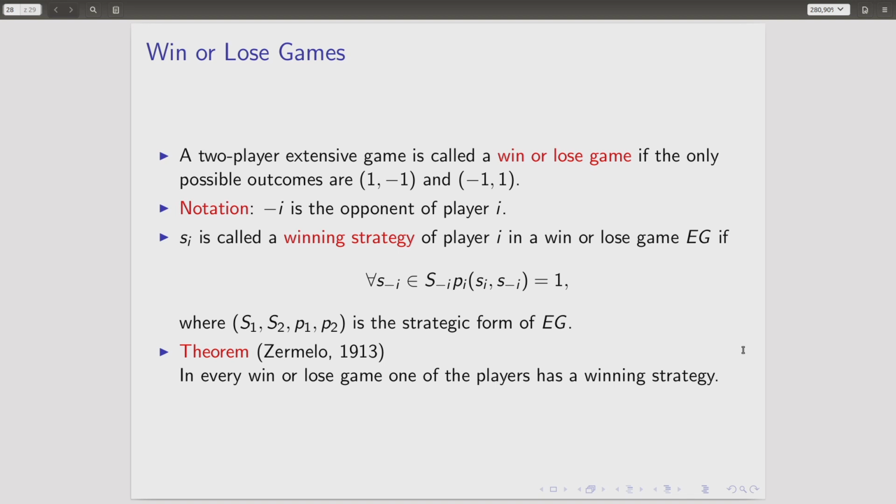And this does not make sense in a more general context, because what is 1? It is just a number. But if there are only 2 outcomes, then this 1 starts to mean something.